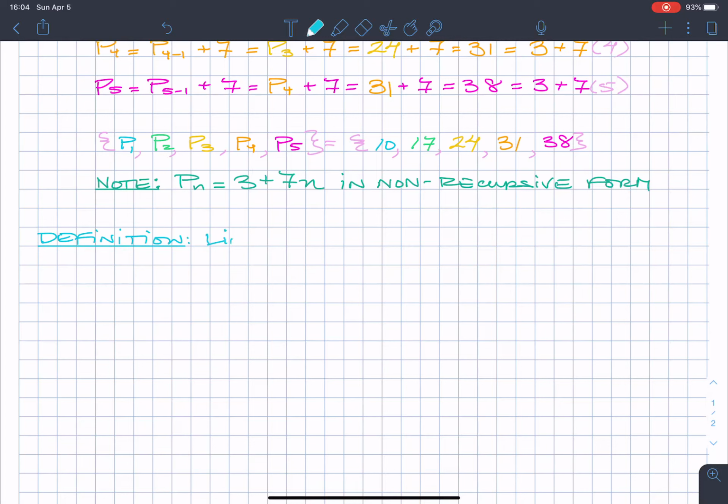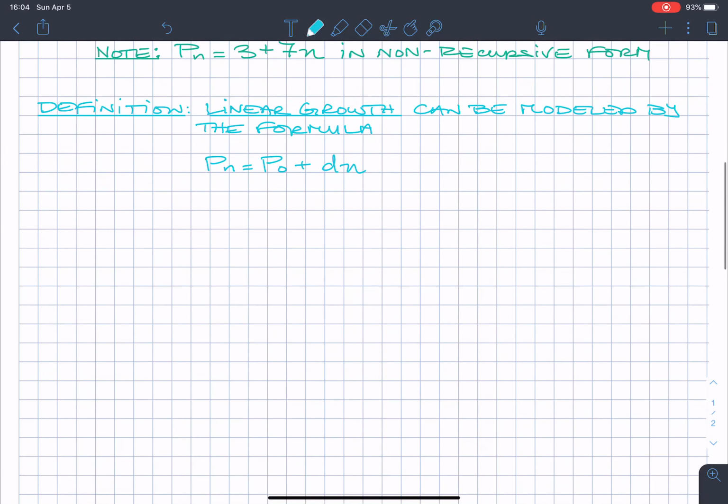So linear growth, that's what we're defining. Linear growth can be modeled by the formula P sub n is P sub 0 plus D times n, where n is any whole number, that is counting numbers.